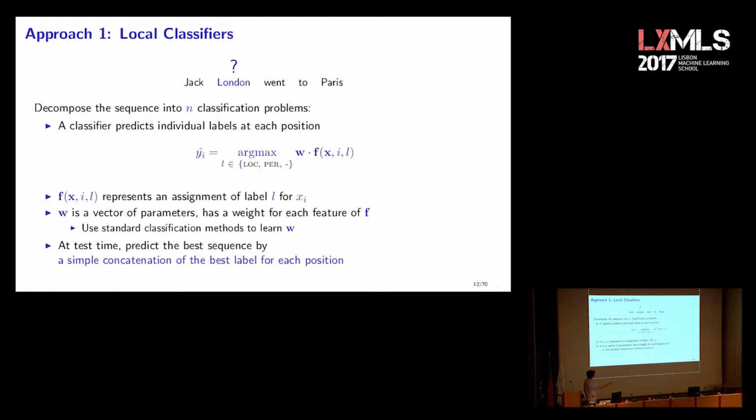So we're going to have this feature function that takes this and gives us a representation for this assignment. It's a candidate assignment, okay? And w is a weight vector of the same dimensionality as this representation, such that the inner product gives us a score, okay?